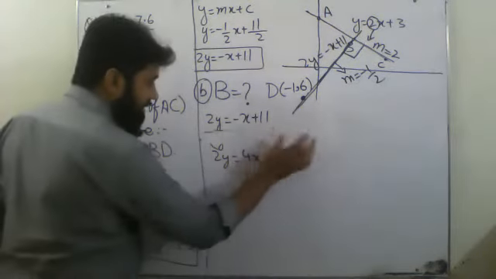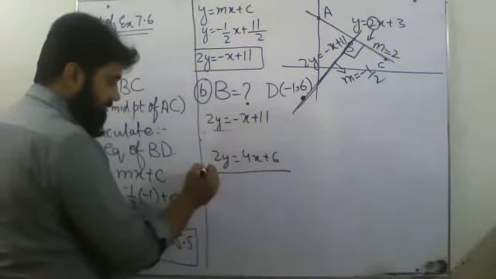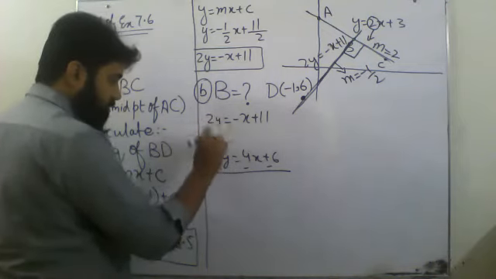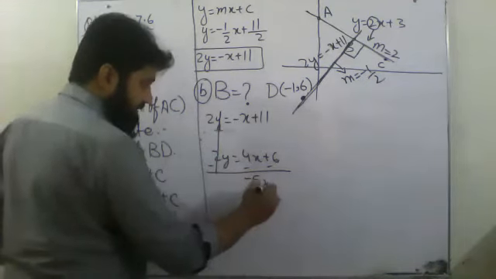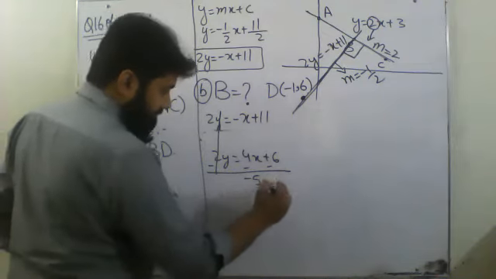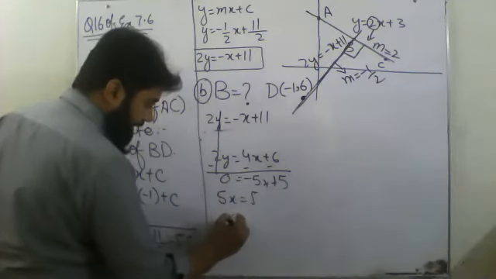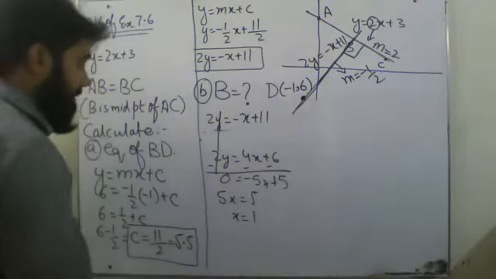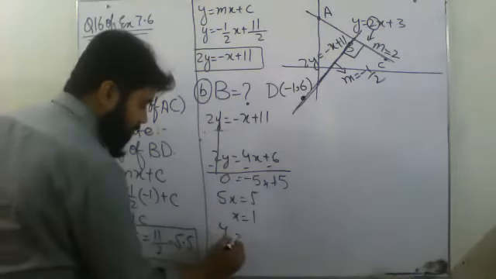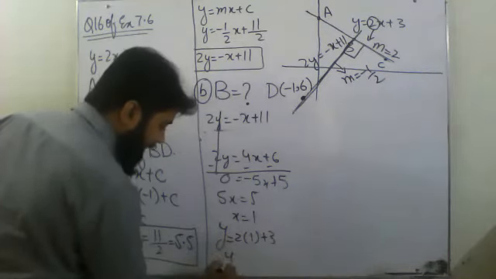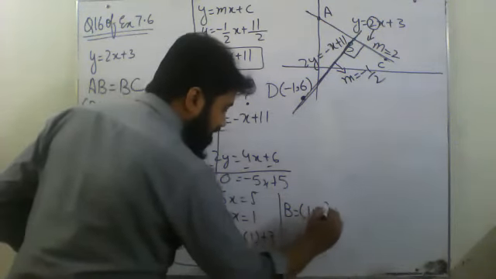Now subtracting, 2y minus 2y cancels, minus x minus 4x is minus 5x, and minus 6 plus 11 gives plus 5, equals 0. Shifting it over here, 5x equals 5, x equals 1. Substituting x equals 1 into this equation, y equals 2 times 1 plus 3, so y equals 5. So the coordinates of B are 1, 5.